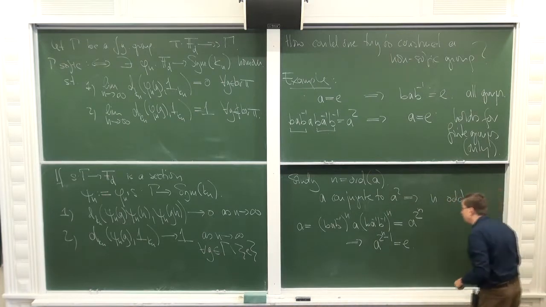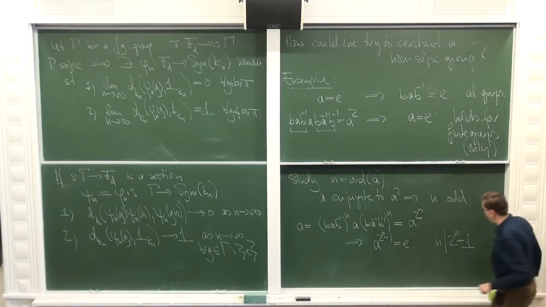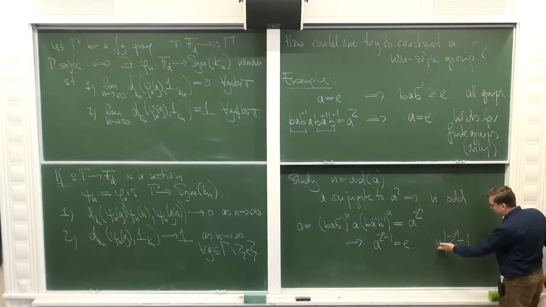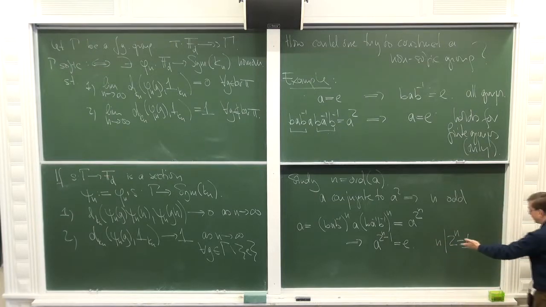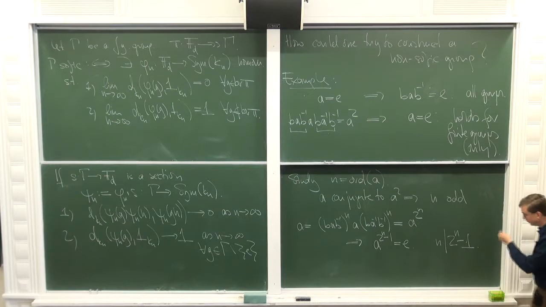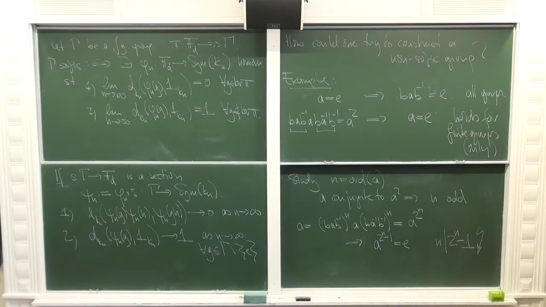And since n was the order of our element A, this means that n must divide 2 to the n minus 1. And that's of course a problem, because if you take some prime number dividing n, since it's odd, it's different from 2, then 2 to the n minus 1 will never be congruent to 0 modulo this prime number, and that's why you get a contradiction, a contradiction to the assumption that n is not equal to 1.